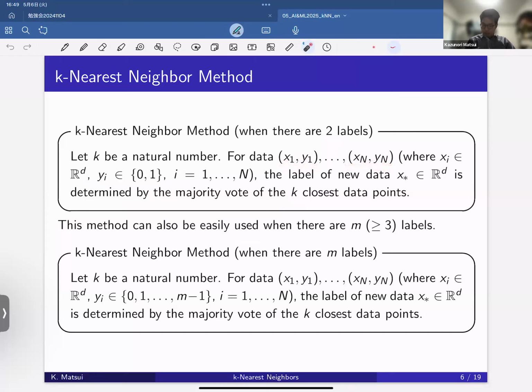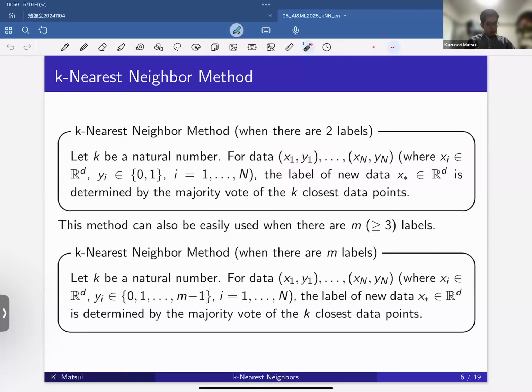Here, xi could represent vector data such as the image we discussed earlier, and yi is the corresponding label. For example, in distinguishing between dogs and cats, we might assign label 0 to dogs and label 1 to cats. Let's say we have n pairs of images and labels.